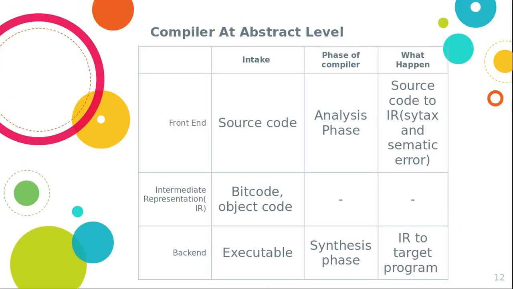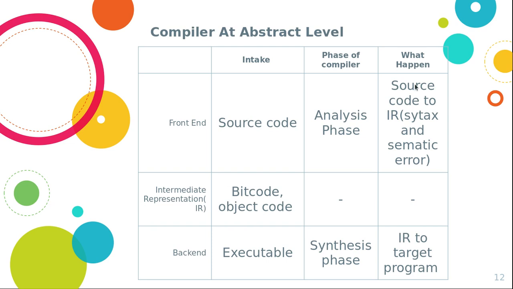At the compiler abstract level, it consists of three things: front end, intermediate, and back end. Front end means your preprocessing phase and compilation phase. Here you don't have to deal with hardware, only software handles the things.